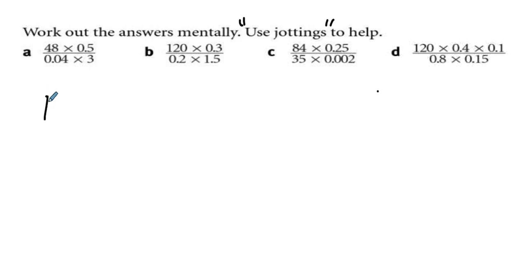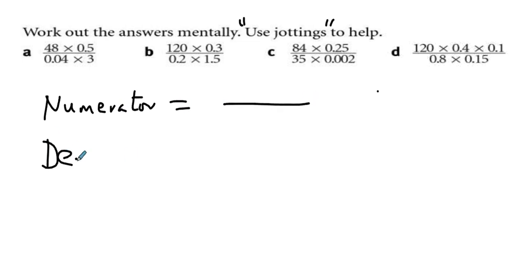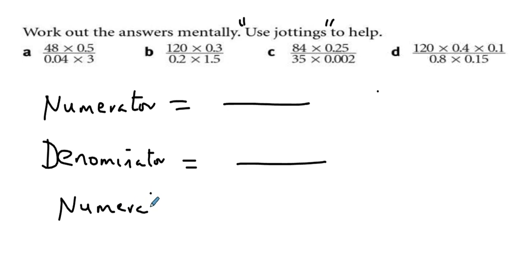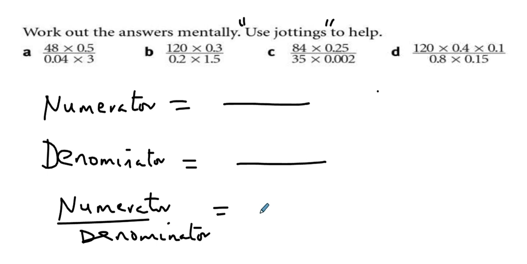Jottings means work out the numerator, get the answer. Work out the denominator, get the answer. Then lastly do numerator divide by denominator. That will be your final answer.